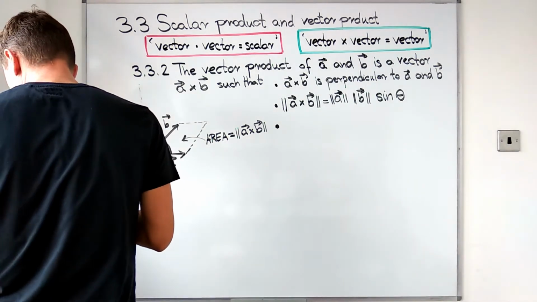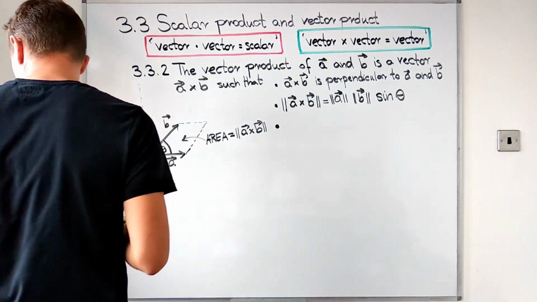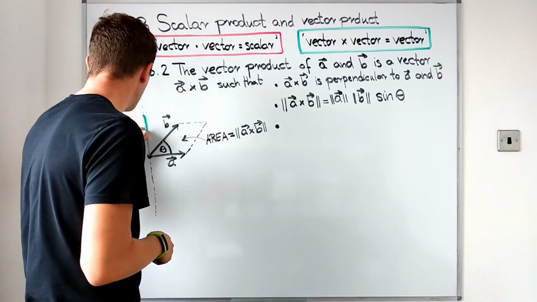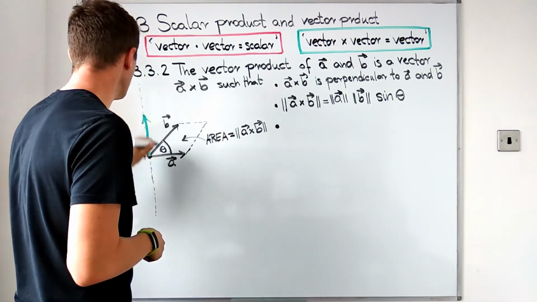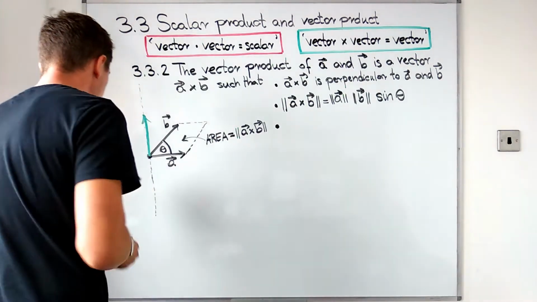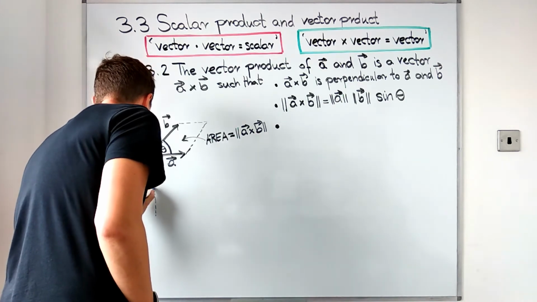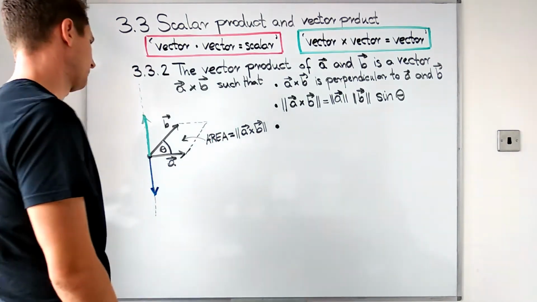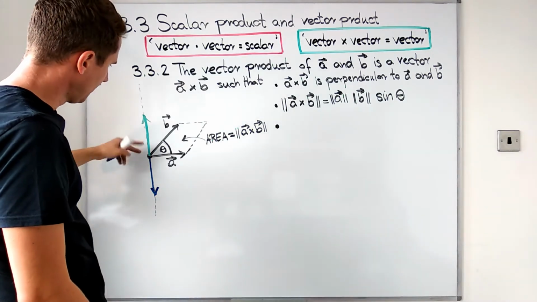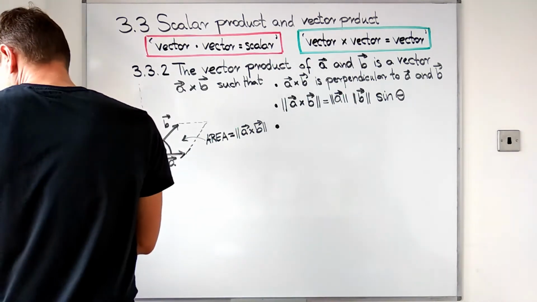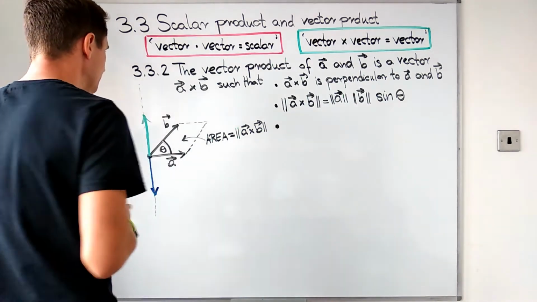Now we have two options. We have either this vector pointing up in this figure for A cross B, or we could have this vector pointing the opposite way, but having the same length. They are the opposites of each other. They are the negatives of each other.